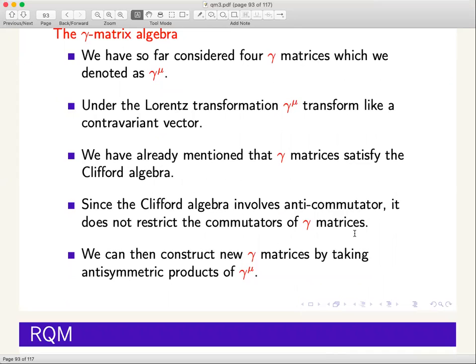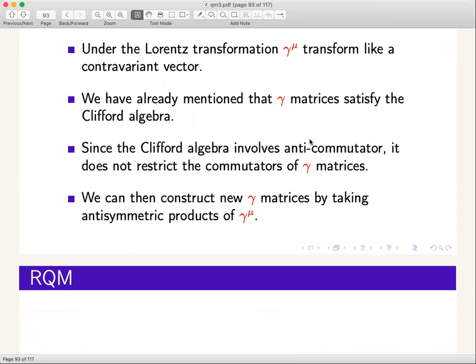Okay. And what we did was that besides having this vector quantity, we can also construct additional quantities which transform under Lorentz transformations.